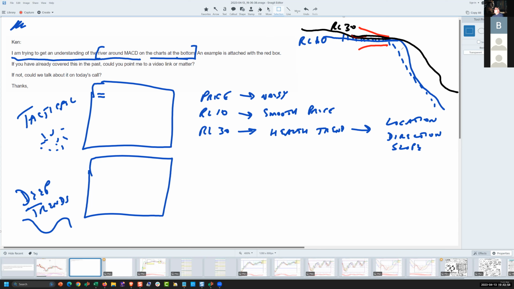One of the things we can notice is, in general, what is the distance when we slice this vertically with each bar? What we care about is the difference between the RL30 and the RL10.